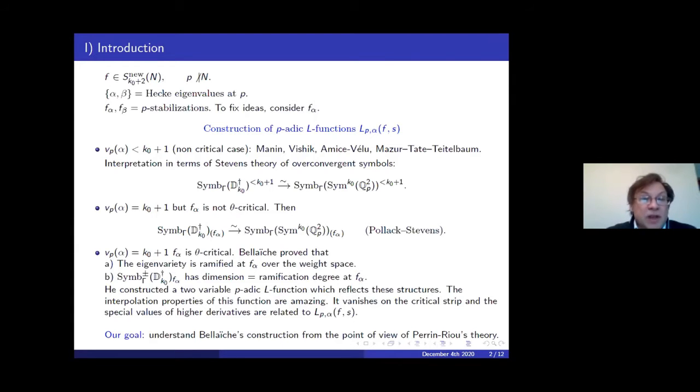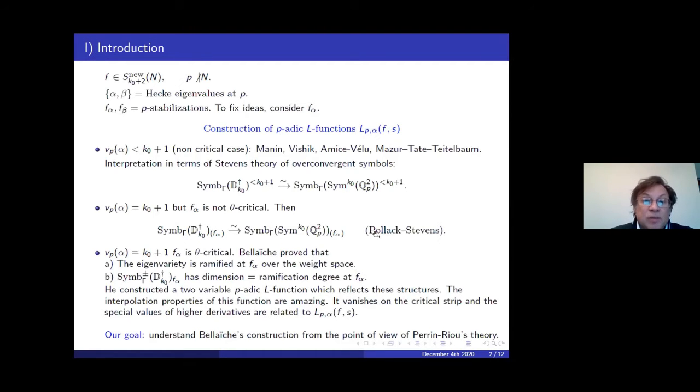In this case, already the classical approach fails, because we cannot construct in a unique way the distribution of prescribed order of growth interpolating special values of complex L-functions. However, the approach of Stevens works.